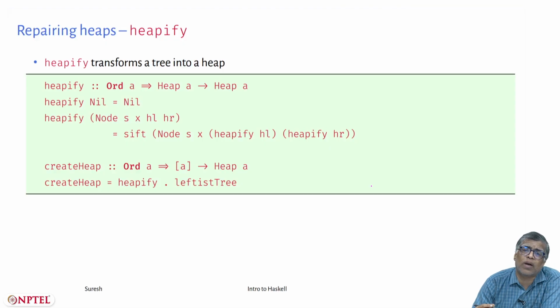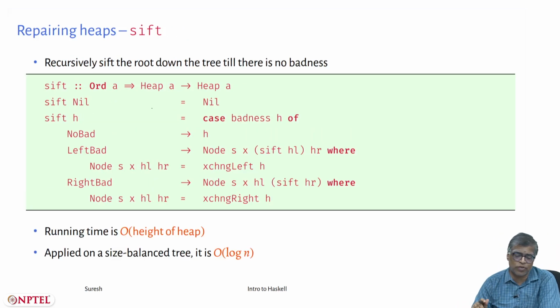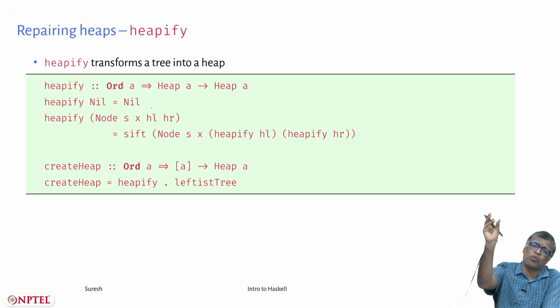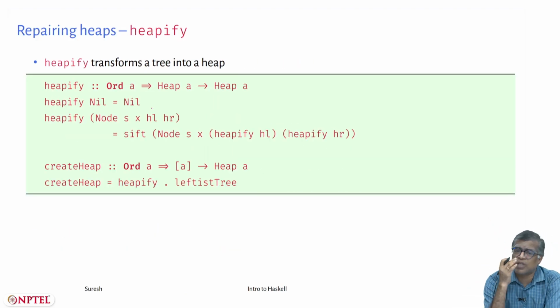So this is what happens when you have an imbalance at the top of the heap. This heapify, so earlier what we saw was just sift. Sift works only when there is a badness at the root of the heap, but in general your badness might happen anywhere, right?